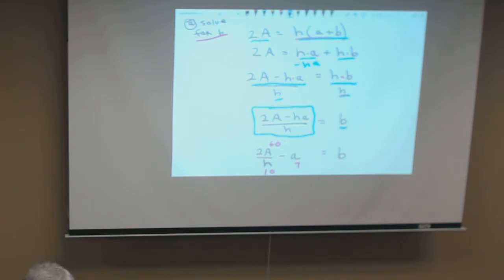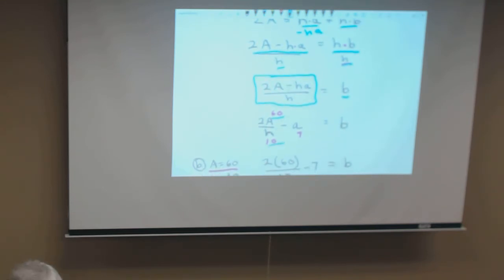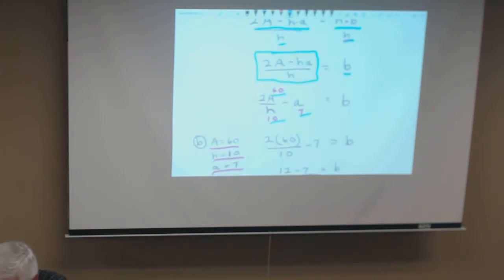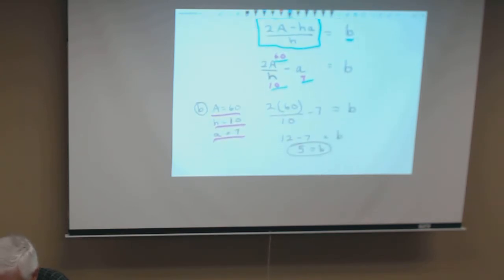If the area of the trapezoid is 60, I put 60 where A is, and the height is 10, I put a 10 where the H is, and side a is 7, I put a 7 in place of a. Then I have 2 times 60 divided by 10 minus 7 equals B. 120 divided by 10 is 12. 12 minus 7 is B, so B is 5.